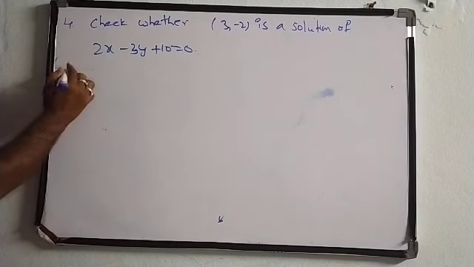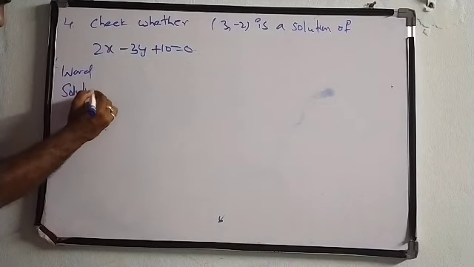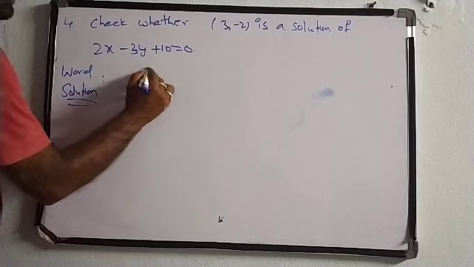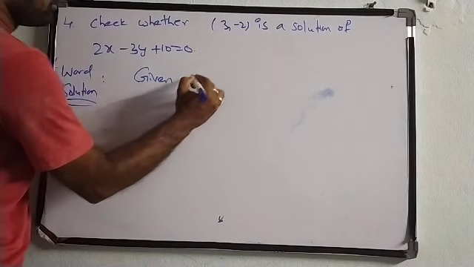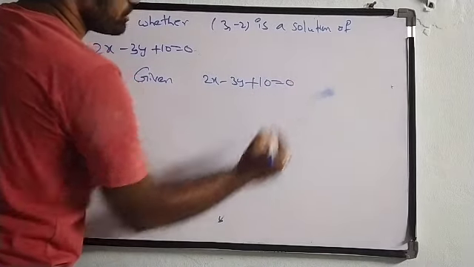Now let us see the word solution here. Given the linear equation 2x - 3y + 10 = 0.